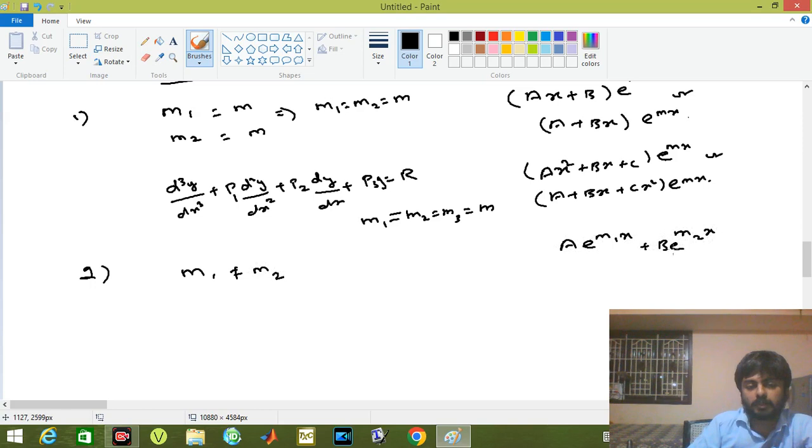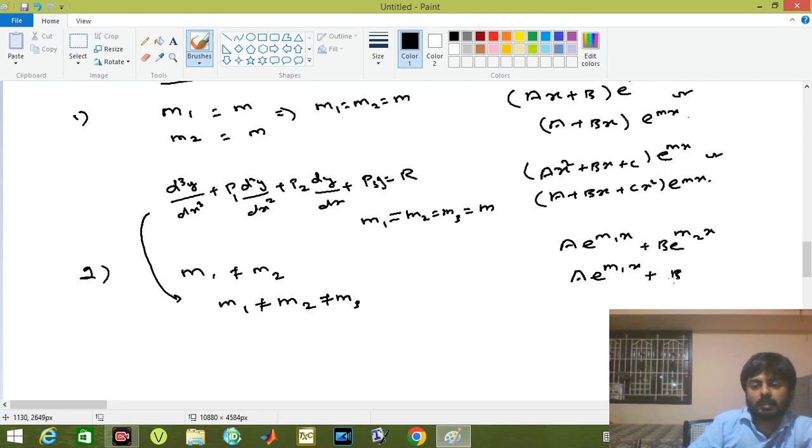For the cubic equation, if the roots are not equal, you will get m1, m2, m3 distinct, so you will get A e power m1x plus B e power m2x plus C e power m3x.